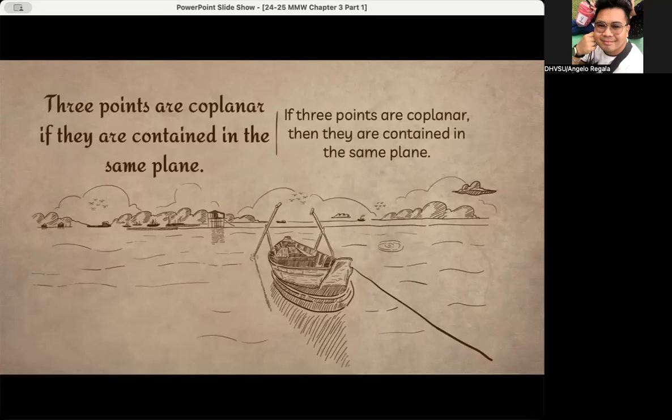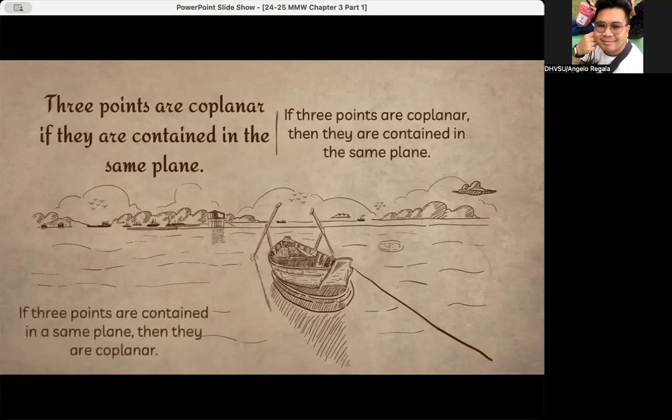Kung coplanar daw sila, then nasa loob sila ng isang figure. For the converse, if three points are contained in the same plane, then they are coplanar. Okay? So this is number 2, its converse. Pagbabalik-tarin lang po natin sila.